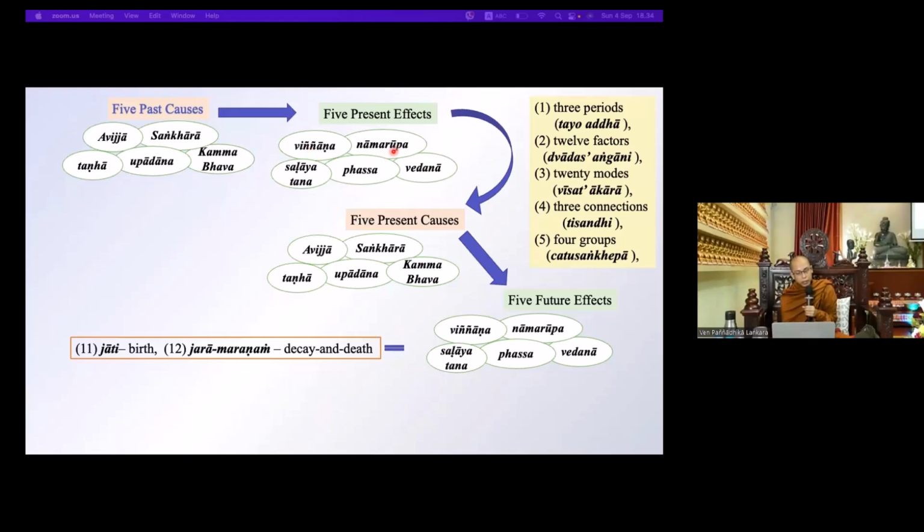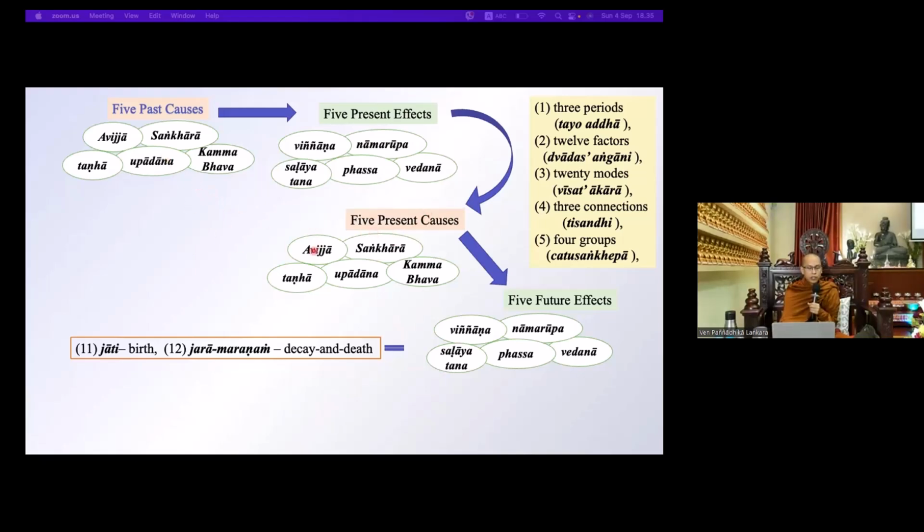At the moment of patisandhi, there arise the mental fetters and material groups, and also salayatana, phassa, vedana. They are the present effect. Based upon the existence of the present effect, the present cause arises. They are 5 causes, the same as the past causes.